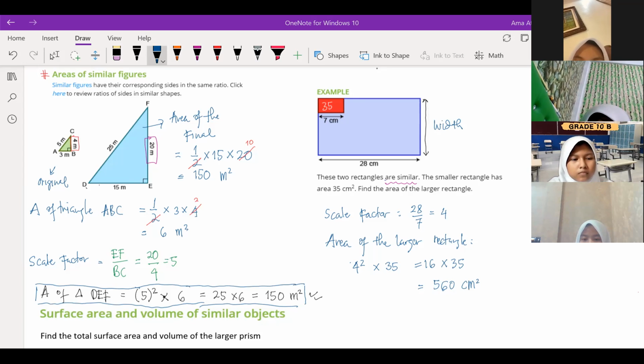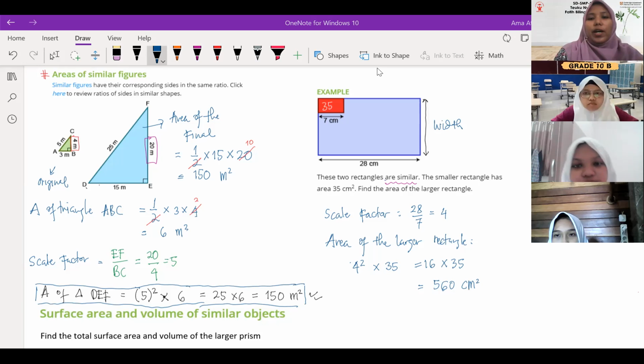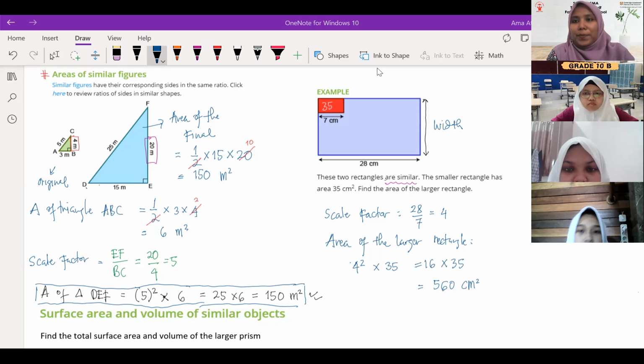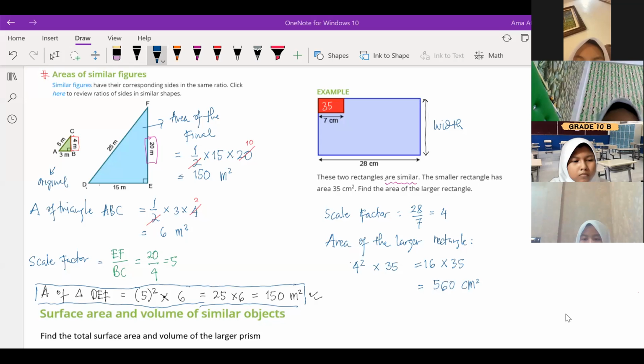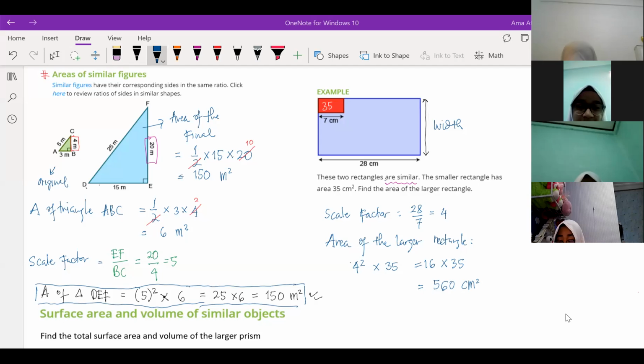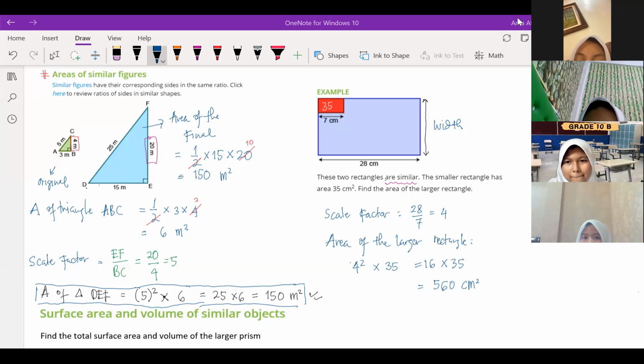Please give me the thumbs up if you can find the area with the scale factor. I can see that one student here, Farah, already gave me the thumbs up. If you're still confused, please drop your question in the chat box. You can also ask me.